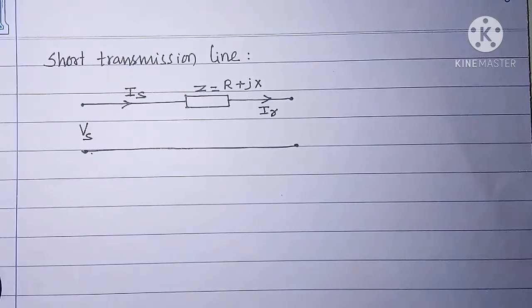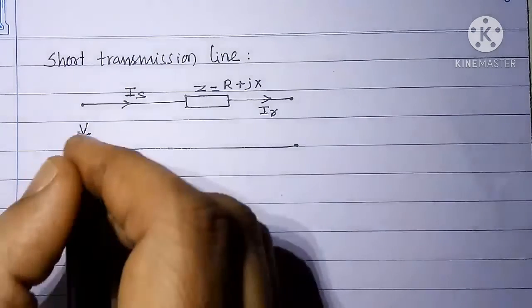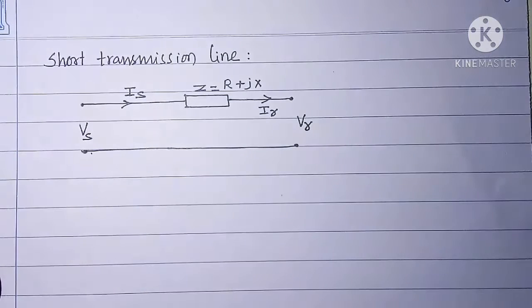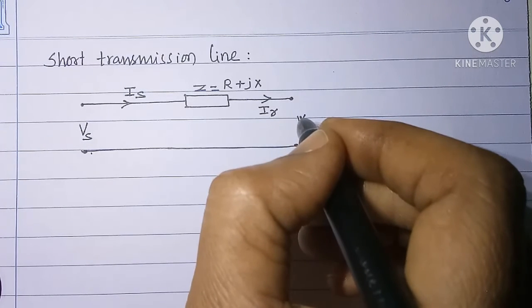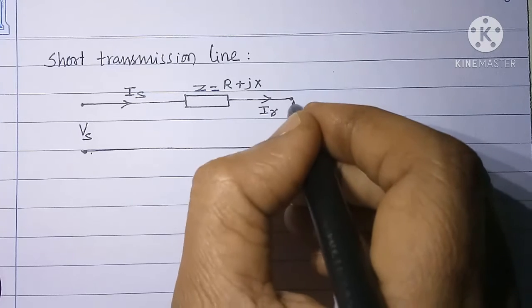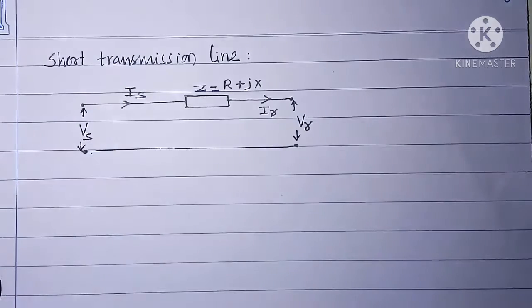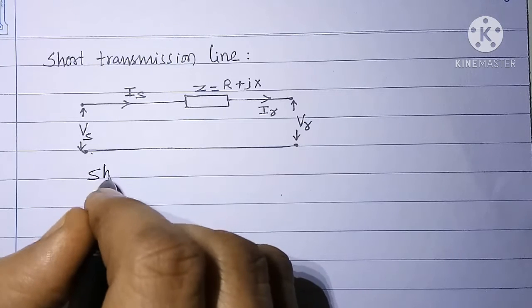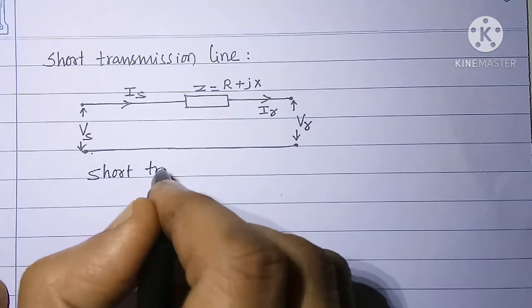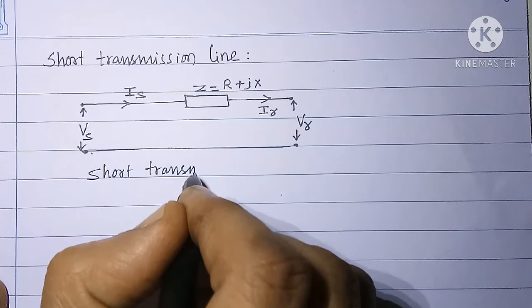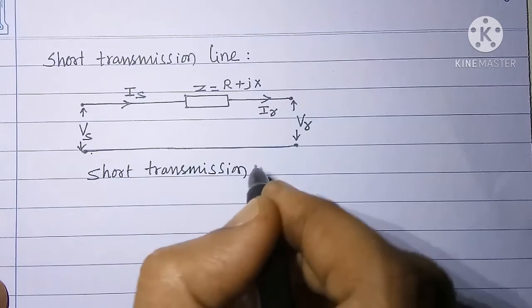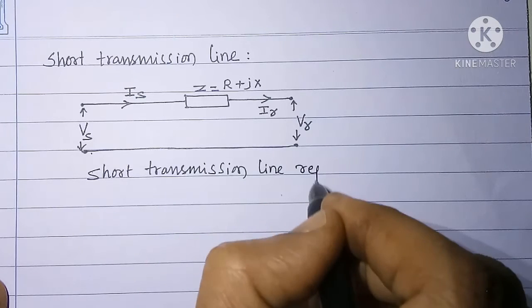The voltage across the terminals of sending end is denoted by Vs, whereas the voltage across the receiving end terminals is denoted by VR. Short transmission line representation.